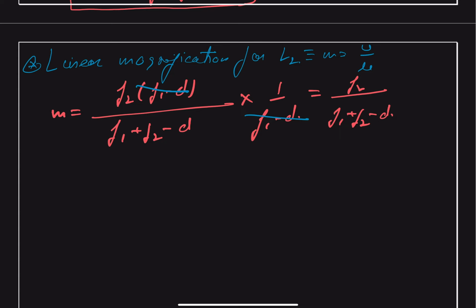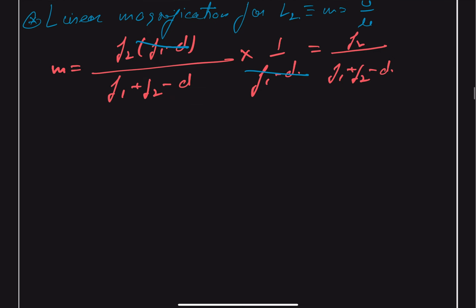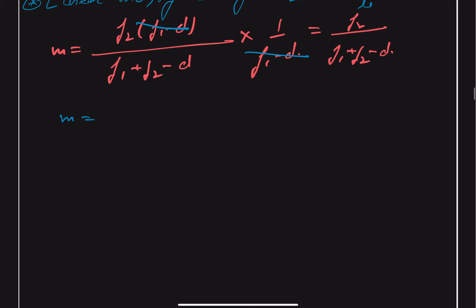Therefore we can say, and we also know that our magnification m is also equal to I2 upon O. O is our distance, so this comes as I2 upon delta.